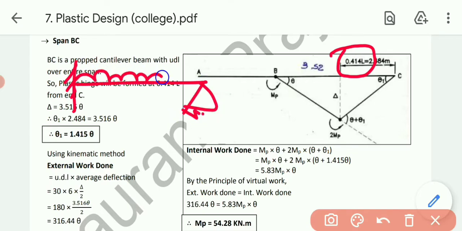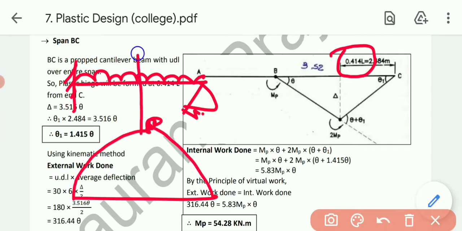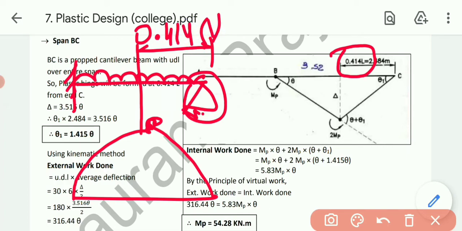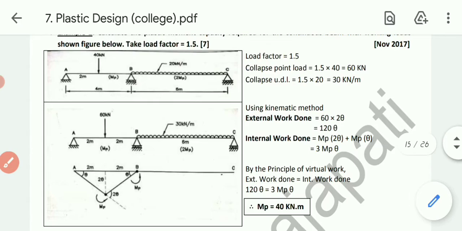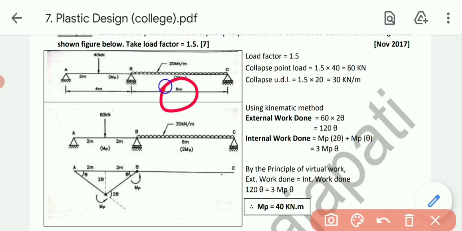Theoretical criteria suggest that the maximum bending moment will be produced at the point at a distance of 0.414 L from this prop support. For example, the whole span dimension is L. So our L, let me see in the figure, the BC span is 6 meter.